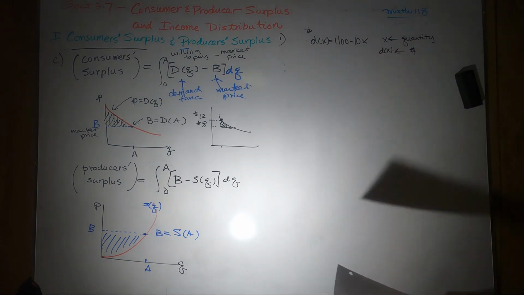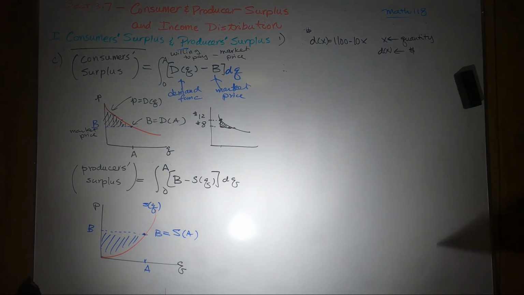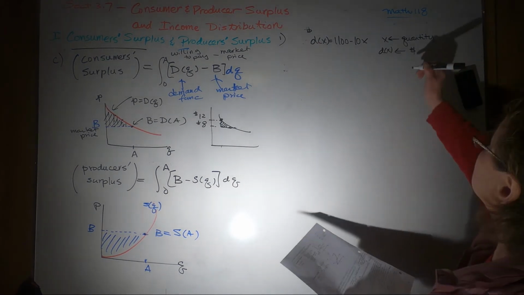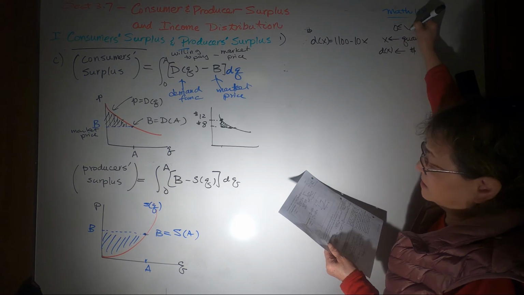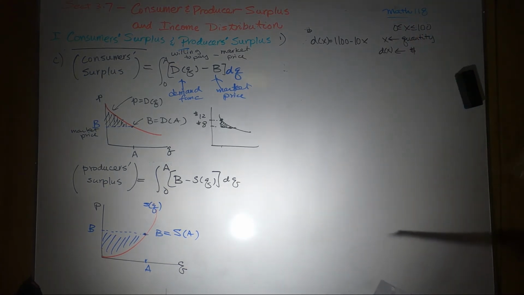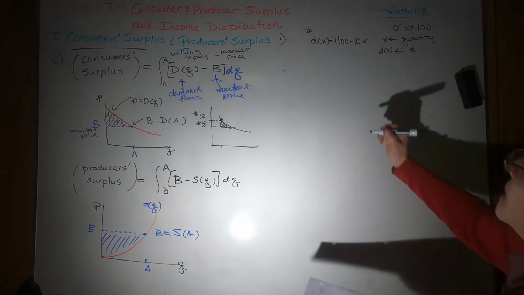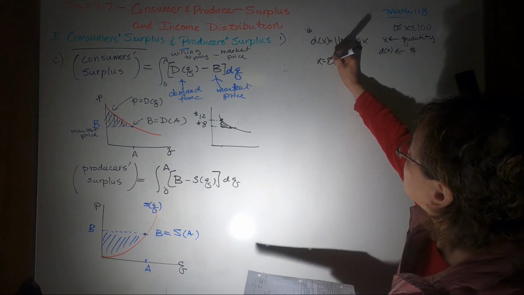The price, right? They say x is in millions of kilowatt hours. And x is between what? 0 and 100, 100 million kilowatt hours. Okay? So then find the consumer surplus at the demand level of what? x equals 80.